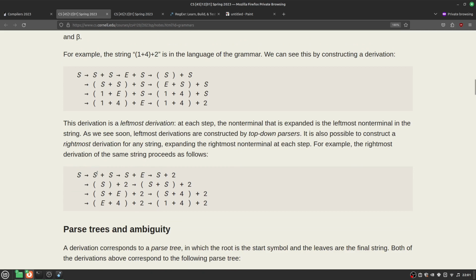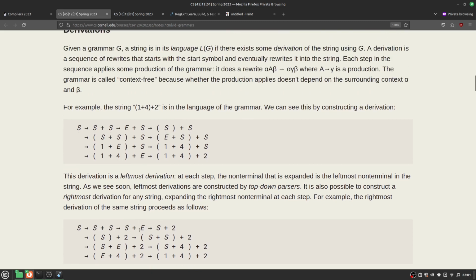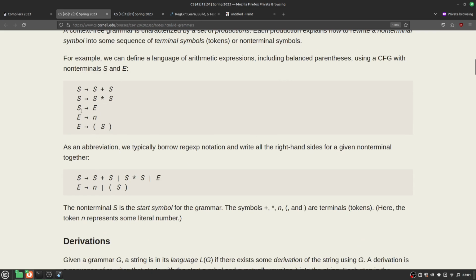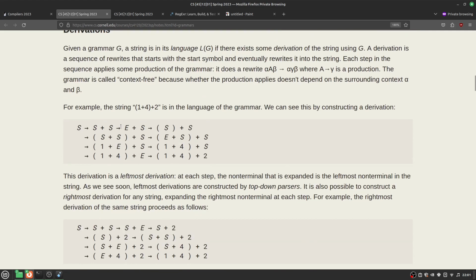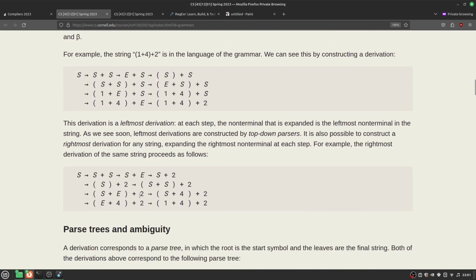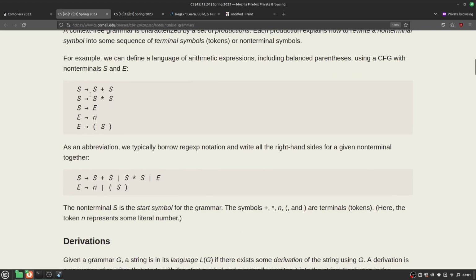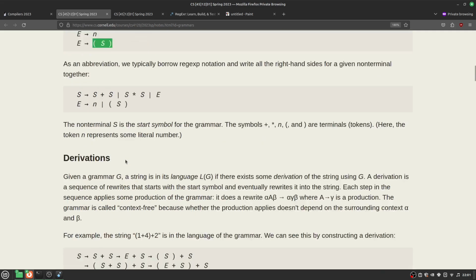So we start at S, which is S plus S, and we know that S can go to E. We do this on the far right-hand side, and then we know that E can be some literal, and then we just turn it into a literal. So the next step is we know that S can equal E, and we know that E can equal an S surrounded by parentheses.